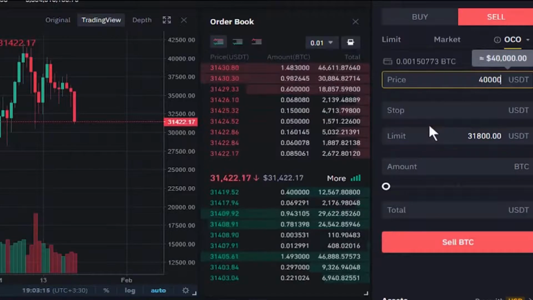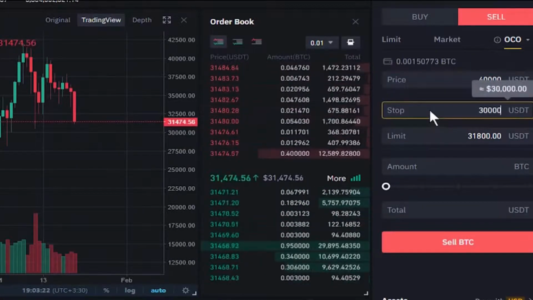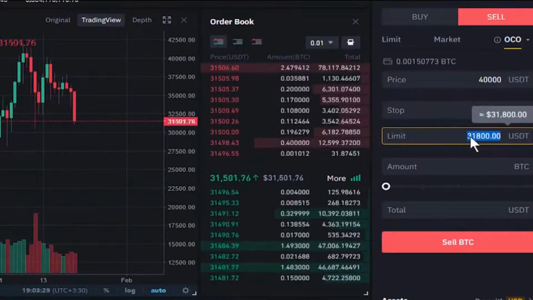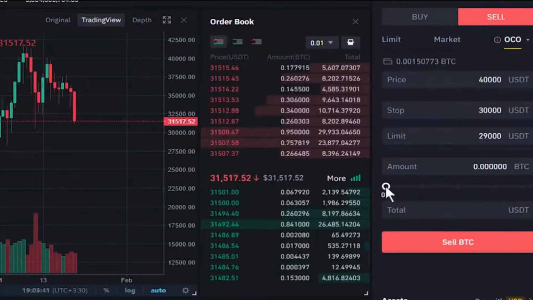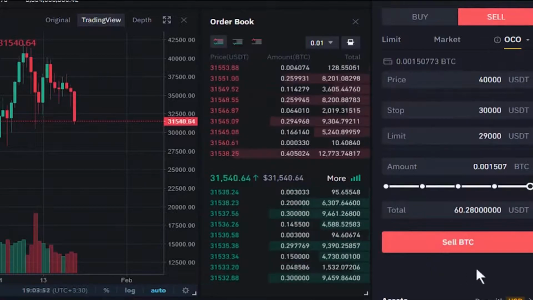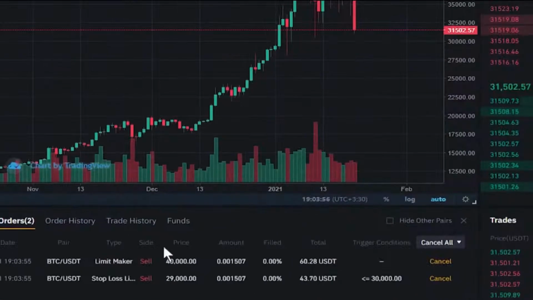So you enter 30,000 here in stop price. And here for the limit price, you enter a price which is a little lower than 30,000. For example, we enter 29,000. Here we set the amount. I set it 100% of my available Bitcoin. And by clicking on Sell BTC, the orders are placed here.